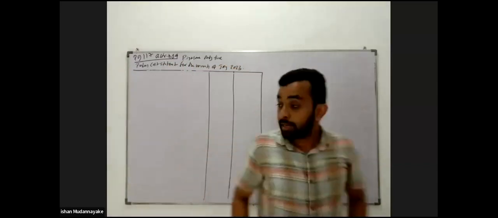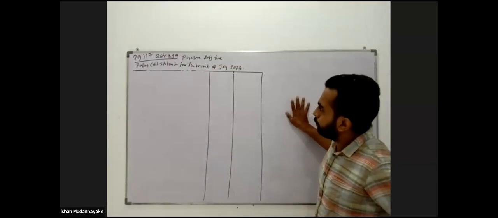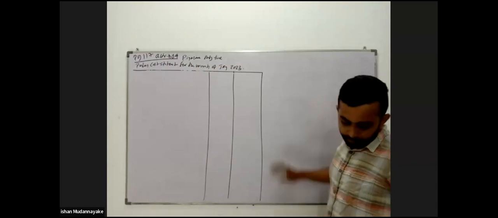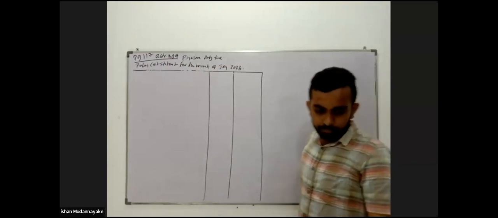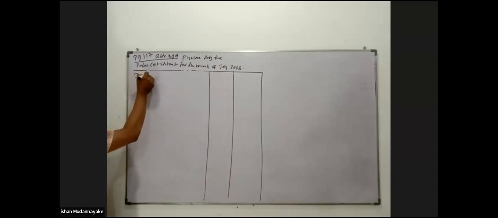Write down PSR roofing tile production cost statement for the month of January 2023. And then here write down prime cost. Under prime cost, direct material.